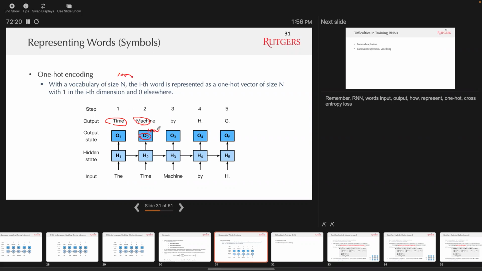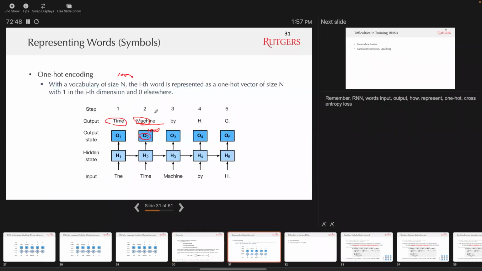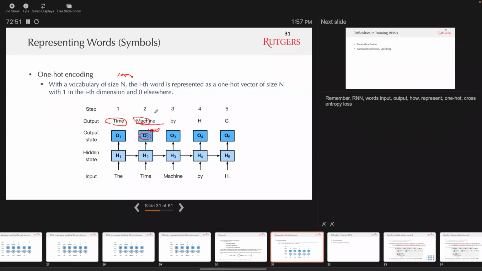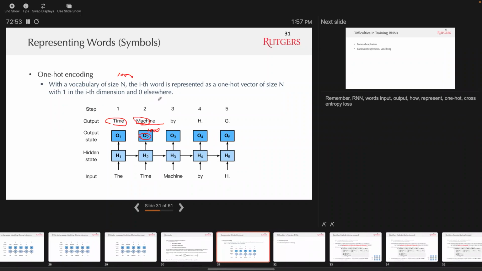This 1,000-dimensional vector is going to go through a softmax layer, and then we compute the cross entropy loss against the ground truth, and this is going to be your loss. This is the loss used to train the recurrent neural network. So this is the basics of RNN. Let's take a 10-minute break. We can resume at 2:07.